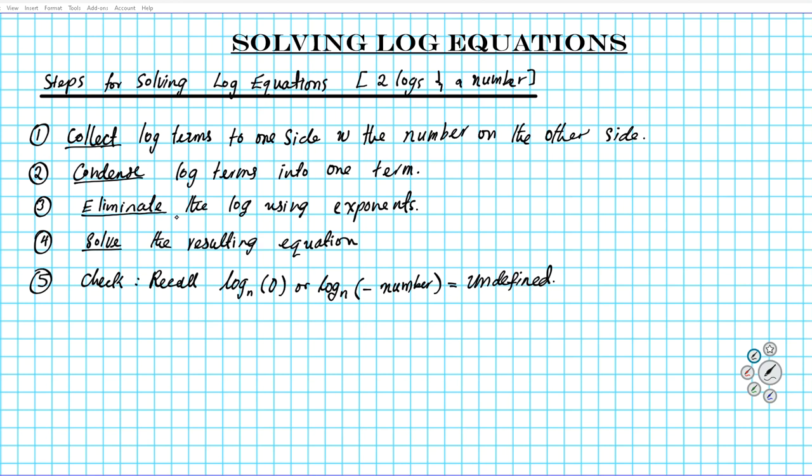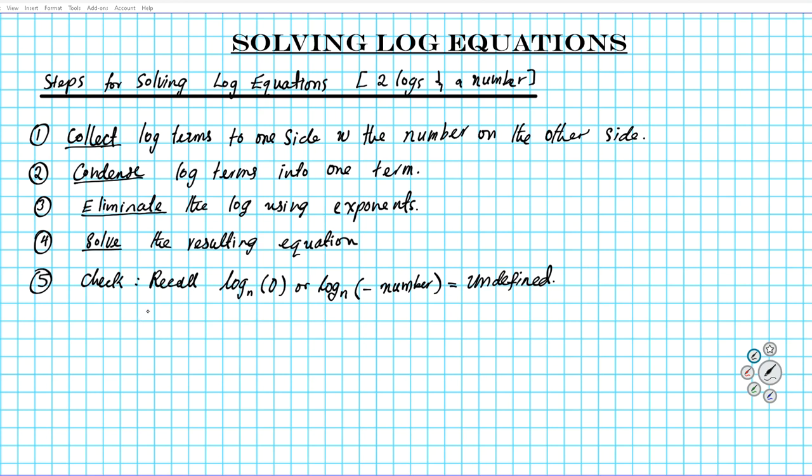The type of problem we're dealing with here has two logs and a number. You collect the logs to one side, a number on the other side. You condense the logs into one term, then you eliminate the log using exponentiation, and then you solve the resulting equation. In this particular presentation, you also have to check your work.